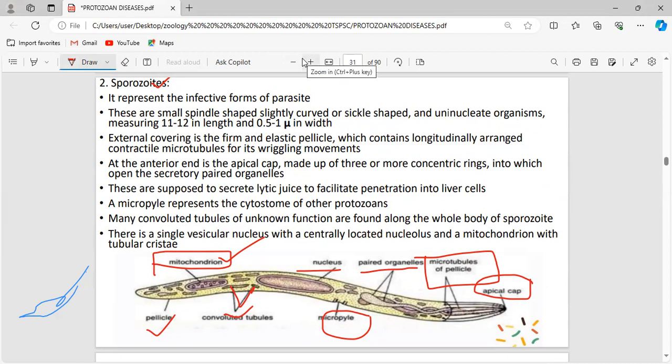The contraction and relaxation of the microtubules cause the pellicle to move, resulting in a wriggling movement. This is the only reason why the sporozoites can move. So the special structure that lets the sporozoite move is the contractile microtubules of the pellicle.